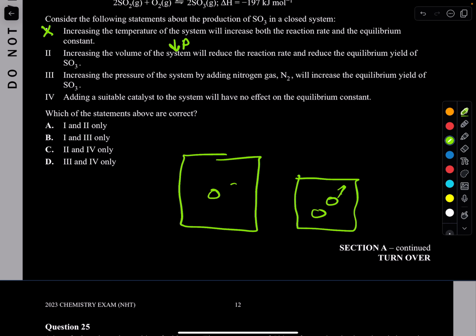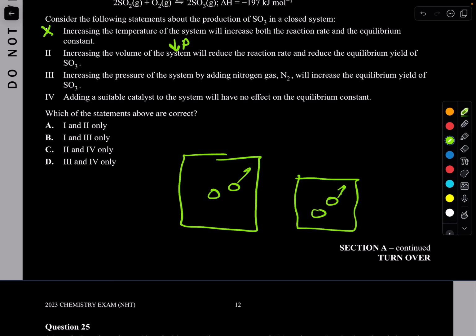But if you increase the volume with those two molecules, you've decreased the reaction rate because they have more space. They won't collide with each other as they were because there's more space for them to move. So absolutely yes, increasing the volume does reduce the reaction rate.